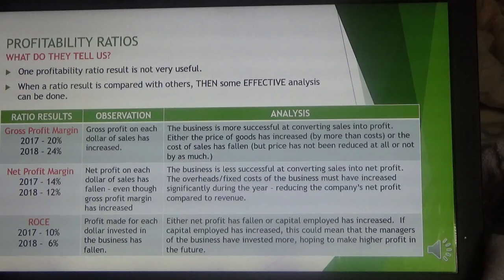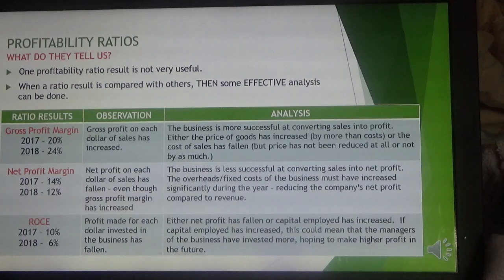The overheads or fixed costs of the business must have increased significantly during the year, thereby reducing the company's net profit compared to revenue. And the last is the return on capital employed.